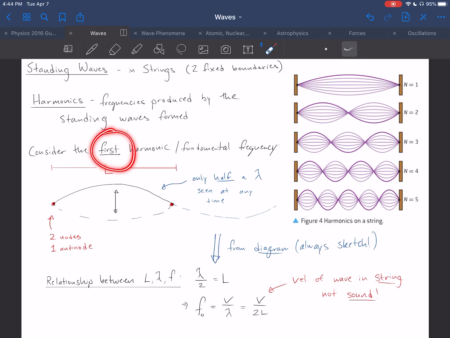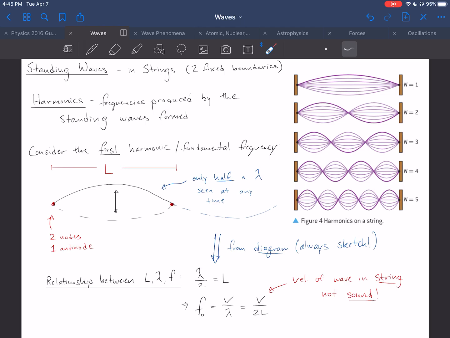So, consider the first harmonic. This is also known as the fundamental frequency. It occurs at the fundamental frequency, and it involves the entire length of the string going up and down. You have 2 nodes and 1 antinode, as shown here. The 2 nodes on the end, the antinode in the middle.